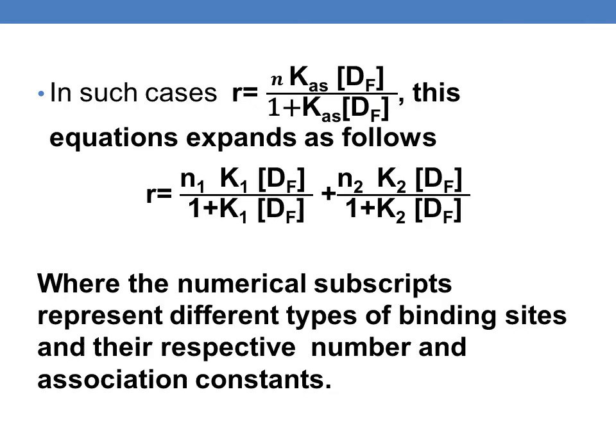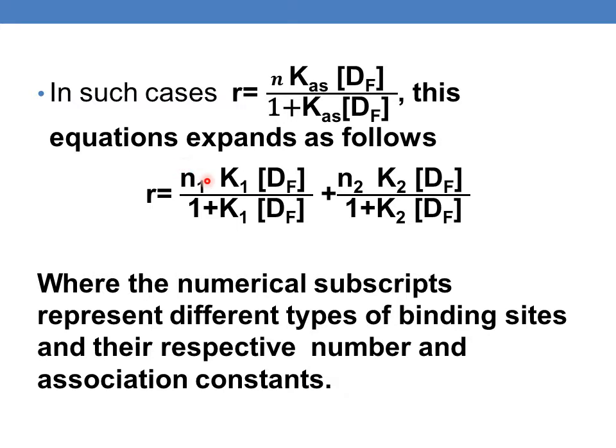In such cases, the equation R, which is nothing but R is equal to n Ks DF by 1 plus Ks DF, expands as R is equal to N1 K1 DF by 1 plus K1 DF plus N2 K2 DF by 1 plus K2 DF, where the numerical subscripts represent different types of binding sites and their respective association constants.